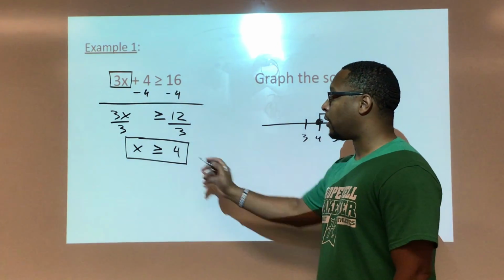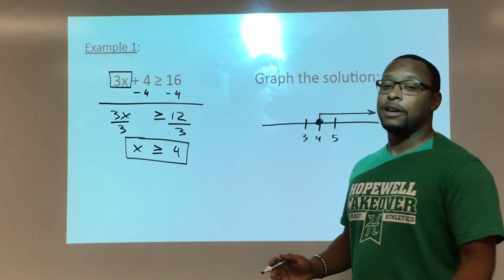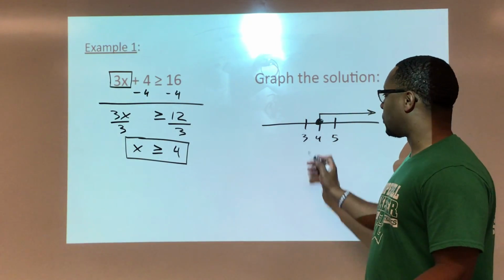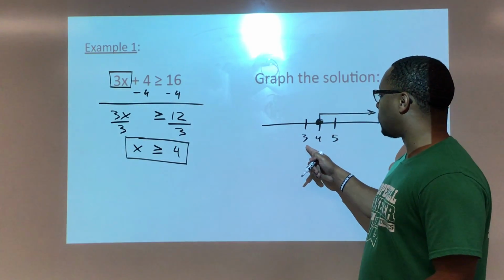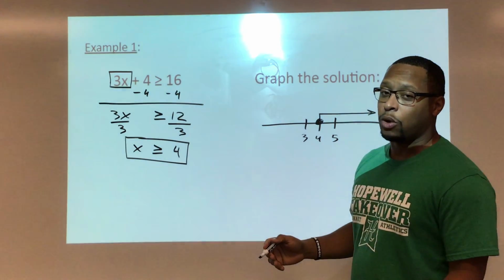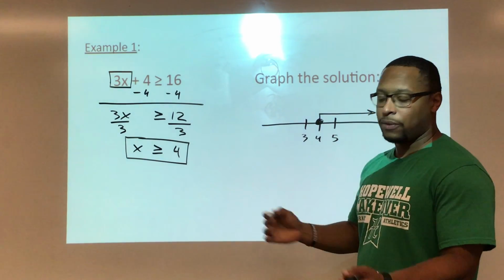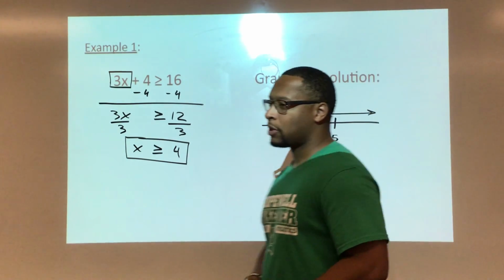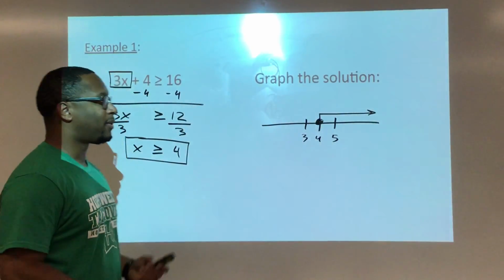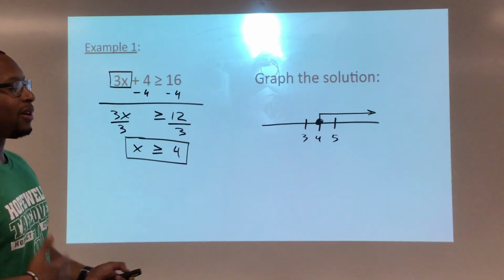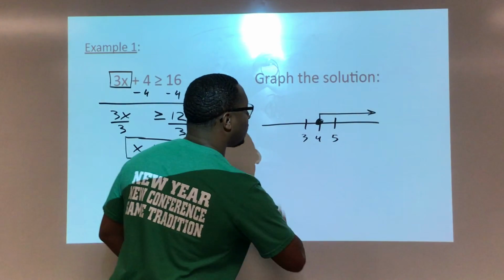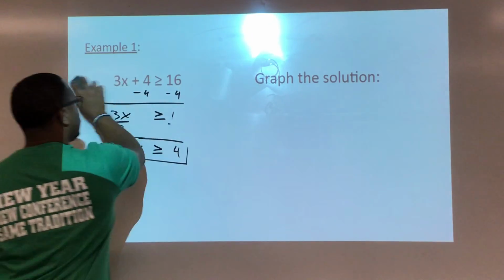X can be 4. X cannot be 3, because 3 does not fall within the solution set. X cannot be 1. So these are all things that you just have to make sure you familiarize yourself with, but that's just the first example. I'm going to erase this and we'll move on to example 2.